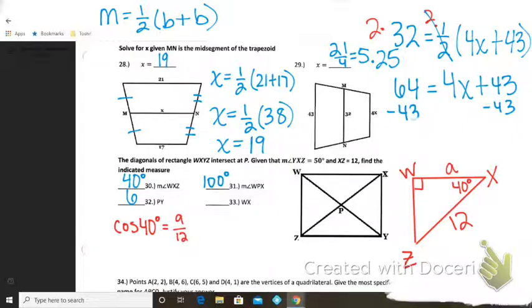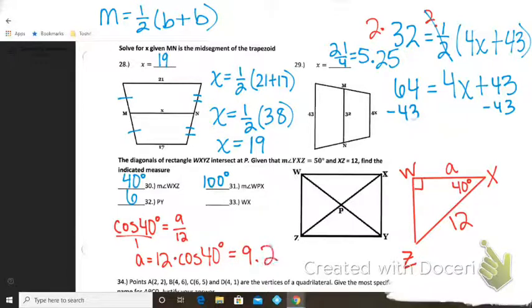To get A alone, we cross multiply. A is equal to 12 times the cosine of 40 degrees. You just need to get your handy dandy calculators out to help you with that calculation. All right, and if we round that to the nearest tenth, I'm getting it to come out as 9.2.